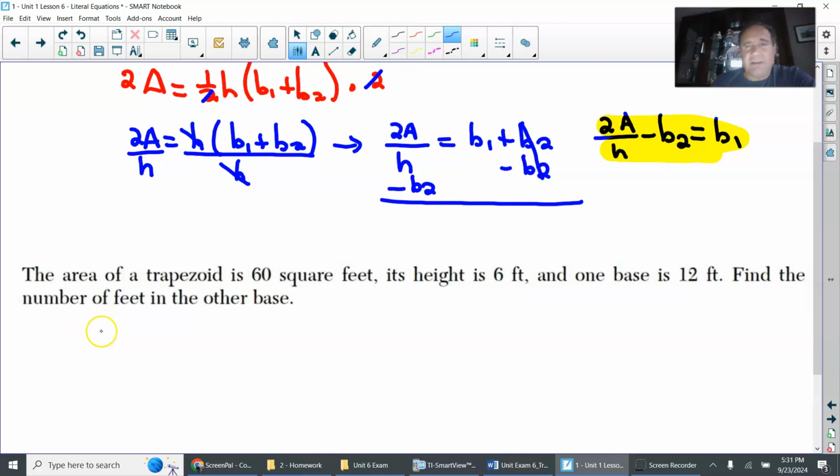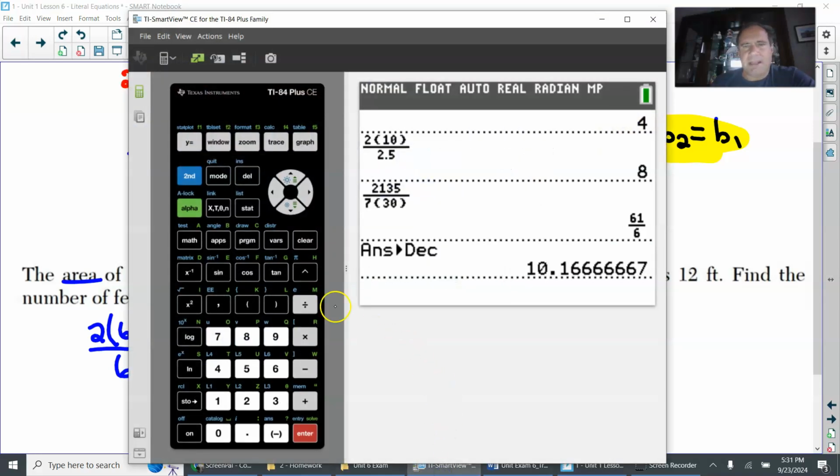So the area of the trapezoid, so this is 2 times 60, because A is the area, so they're giving you that. The height is 6. Minus B2, one base is 12, and they want you to find the other base. So I'm going to drag my calculator up.